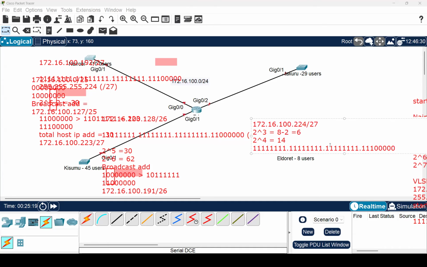Now we need to make sure we only have 4 host bits, so we convert this other bit to a 1. It is no longer /27, but /28.